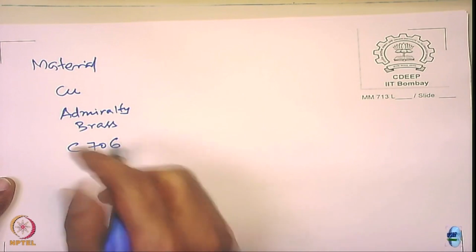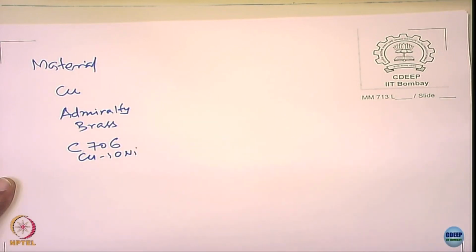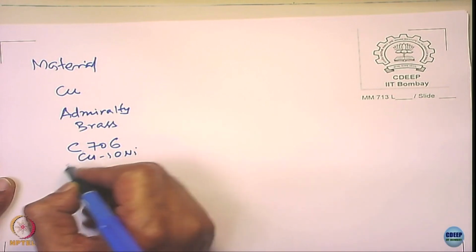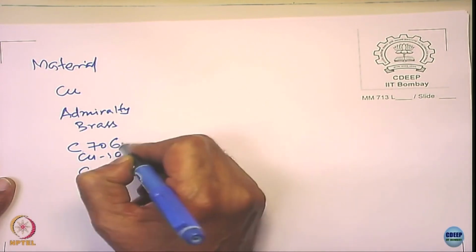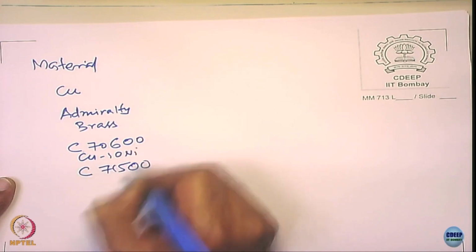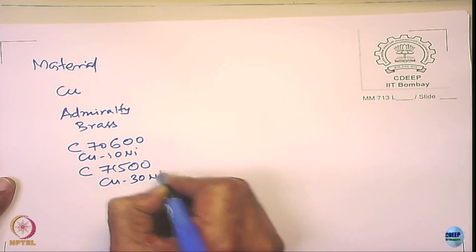This is copper tin nickel, right, and you also have C715, because we need to put some zeros here. This is copper, I think 30 nickel.